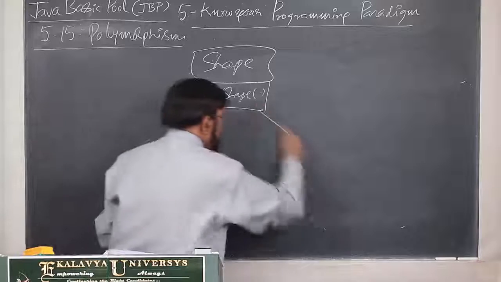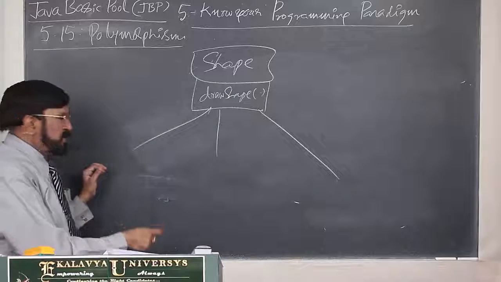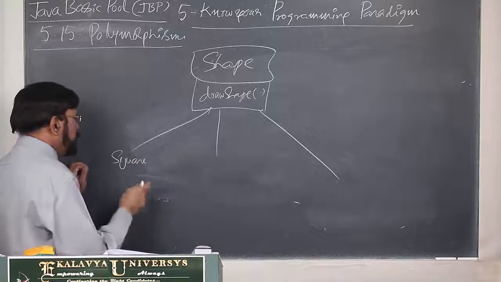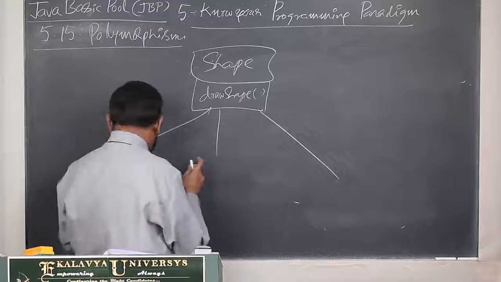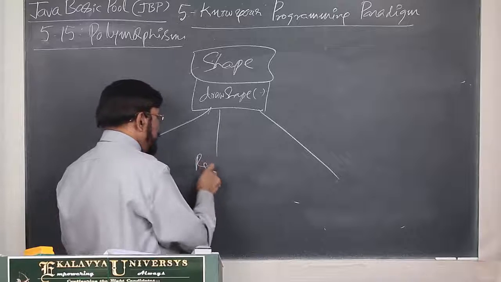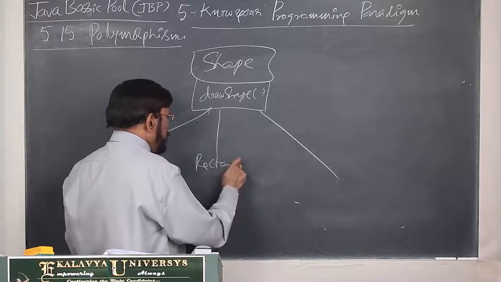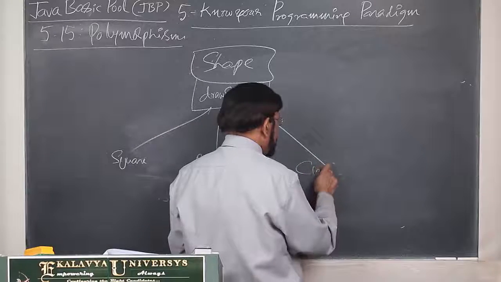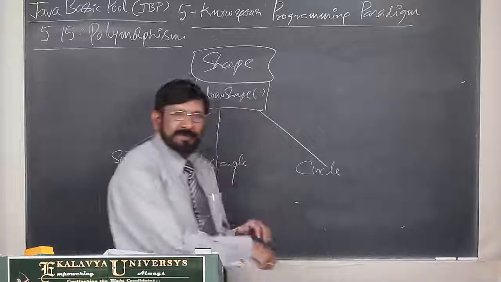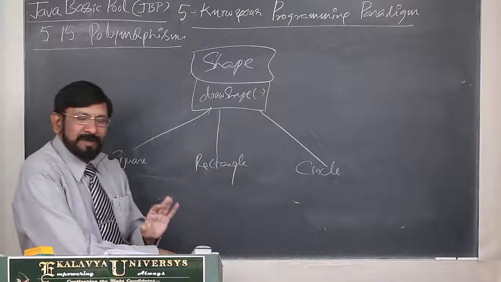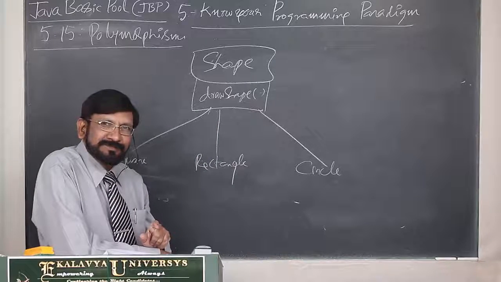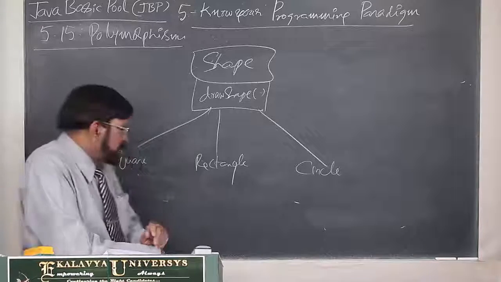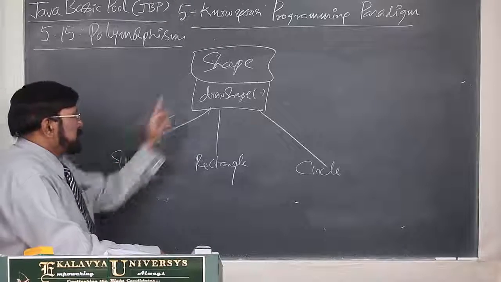Now it has 3 subclasses: a Square, a Rectangle, and a Circle. Here just see. As I already told you, first we have to establish whether the is-a relation is there or not. Square is a type of shape.